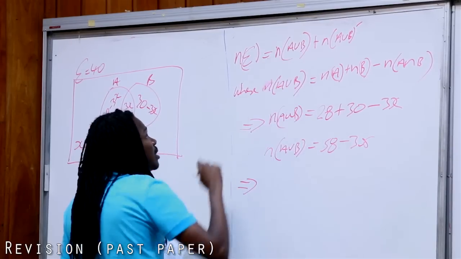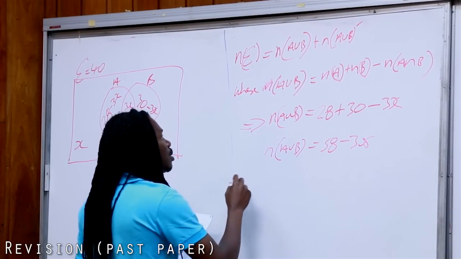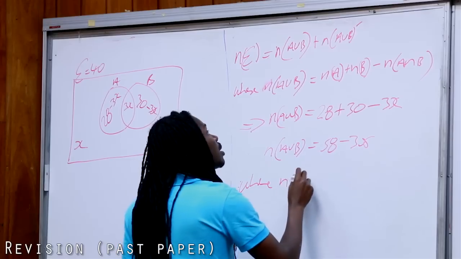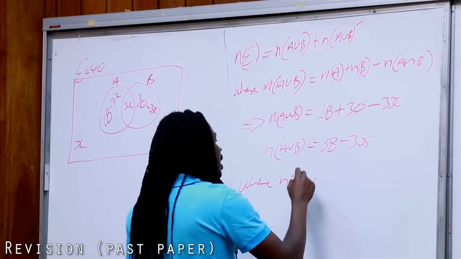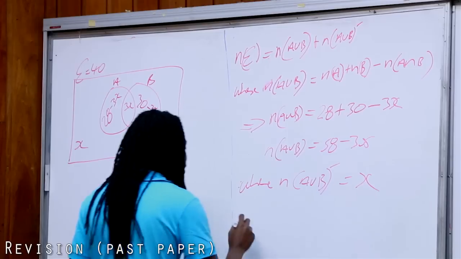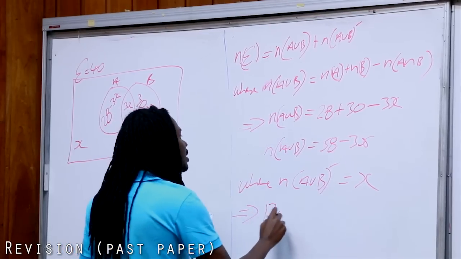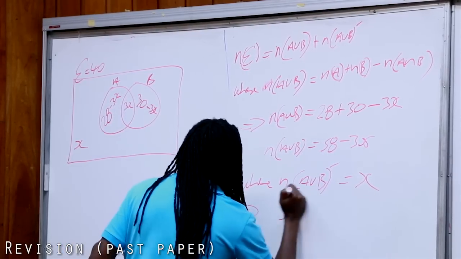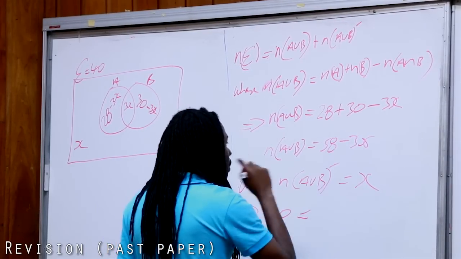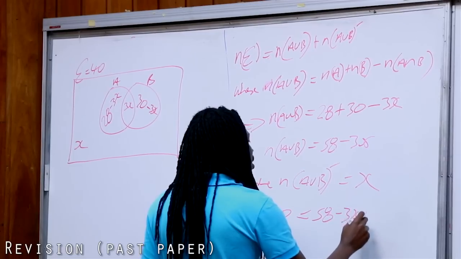This implies where the number in A union B complement equals x. This implies 40 equals 58 minus 3x plus x.